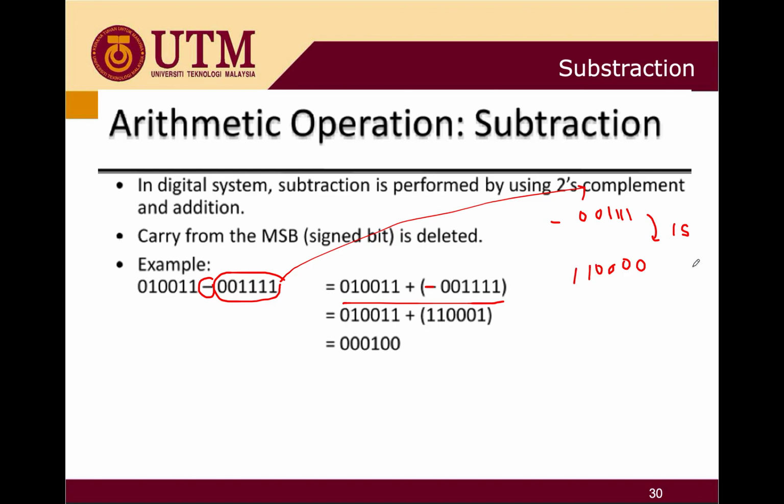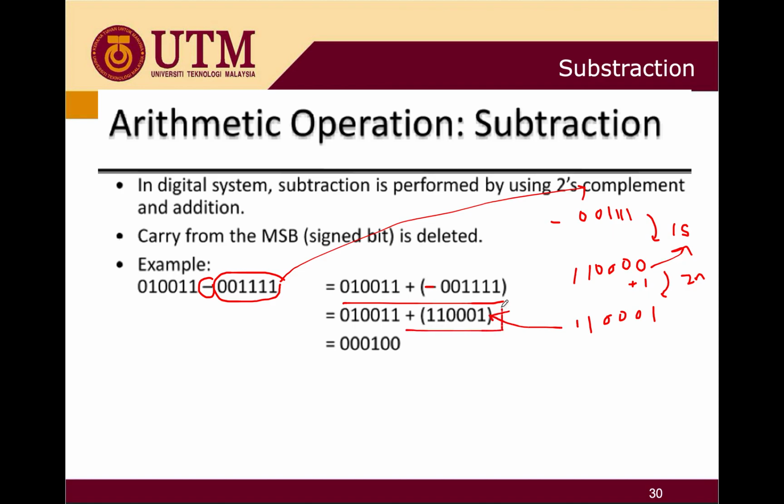This is the answer for first complement. And after that, you're going to change it into second complement by adding 1. Just add 1 over here. You get 1, 1, 0, 0, 0, 1. That's why you come up like this.